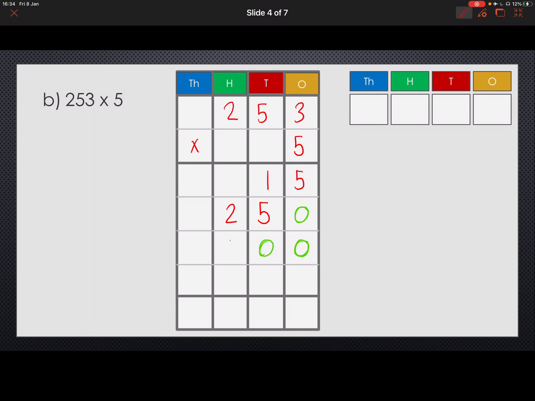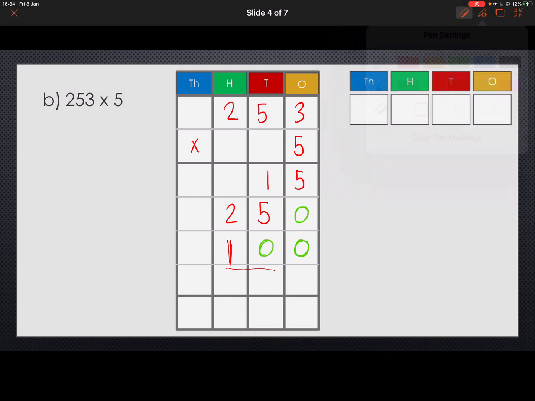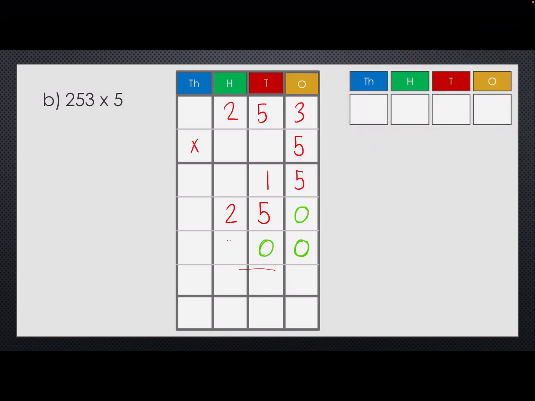Now, do not do that thinking, well, there's a 10. No, no, no. Whoops, rubber, please. Oops, that's too big.